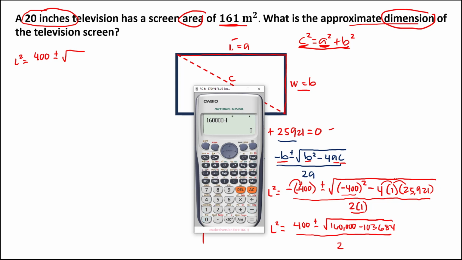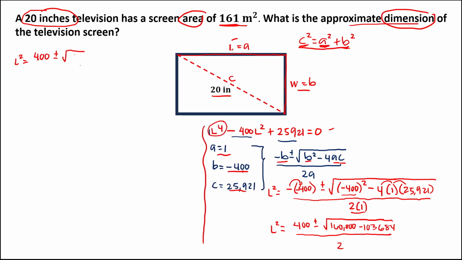That's 56,316. So the square root of 56,316, then over 2. Then we need to separate this plus and minus.